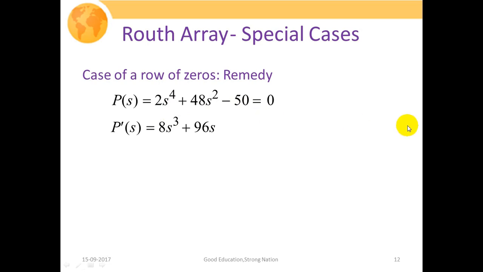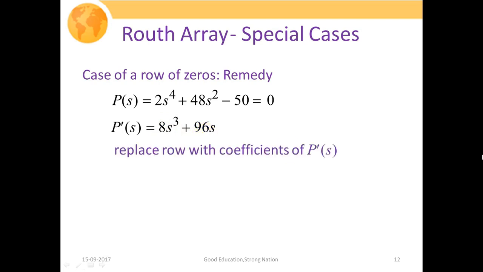We simply take the derivative of this auxiliary equation and evaluate P prime of s. That turns out to be 8s^3 plus 96s, equal to 0. Now we take this polynomial in s cube and s, and use these coefficients 8 and 96 to complete our Routh table.